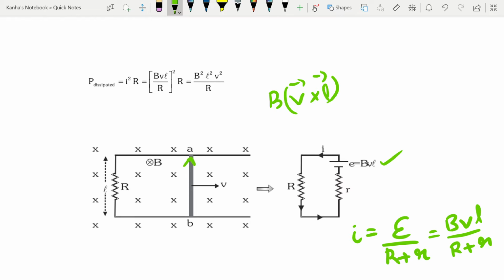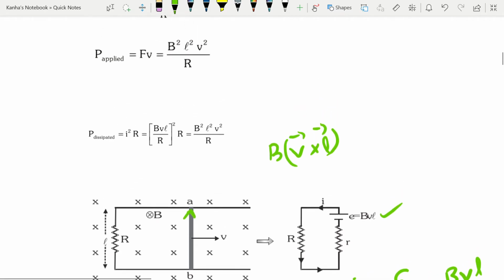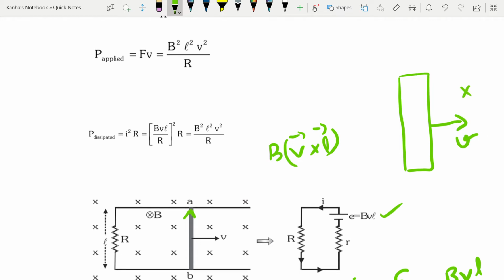Let me just tell you what happens inside the rod. If this is my rod, it's made up of electrons. Now when this is moving with the speed v on this side, and there is a magnetic field into the paper, a force F will be there in this direction.